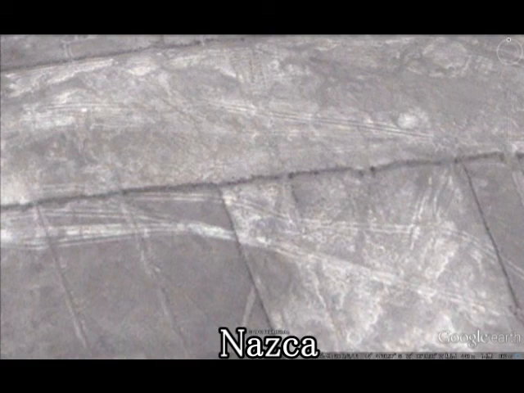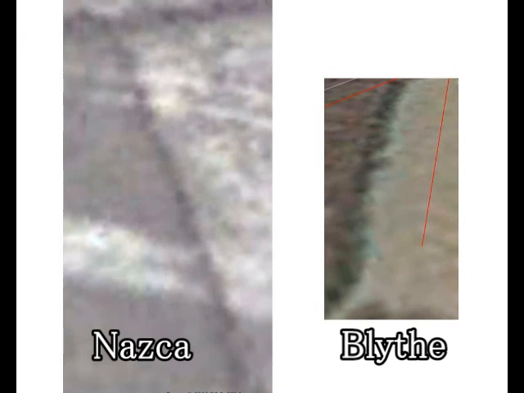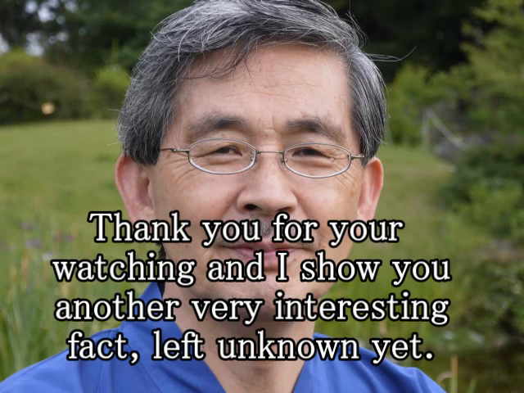Humans could not do such a job. And also have a look at this line itself. This is a line in Nazca, and this is a line in Blythe Intaglios. You see that these lines are very similar to each other. Stones and pebbles and rocks, and draw a line anyway.